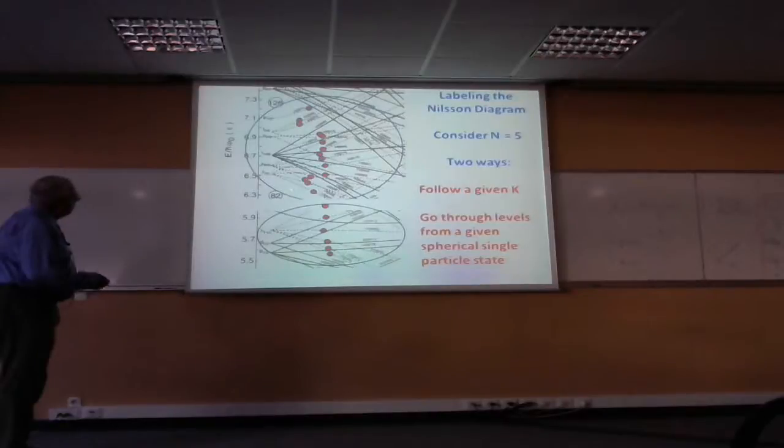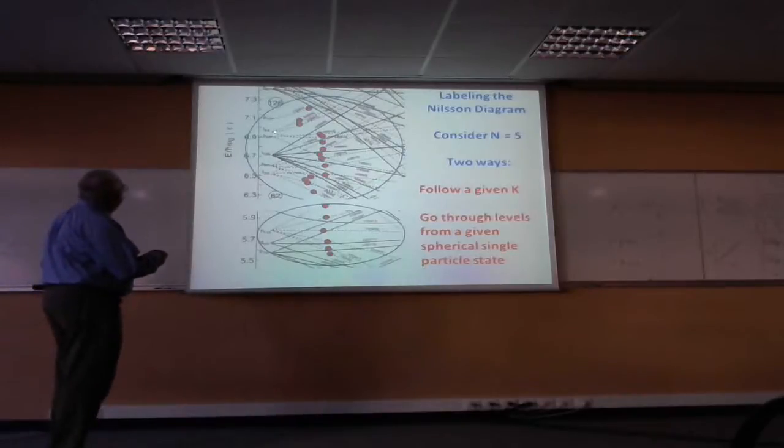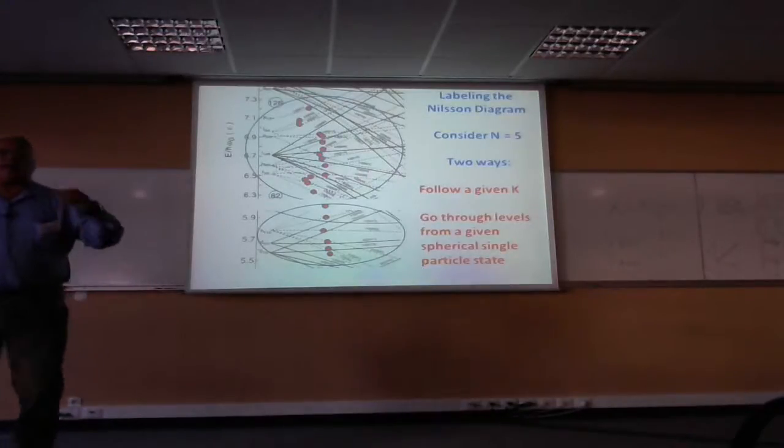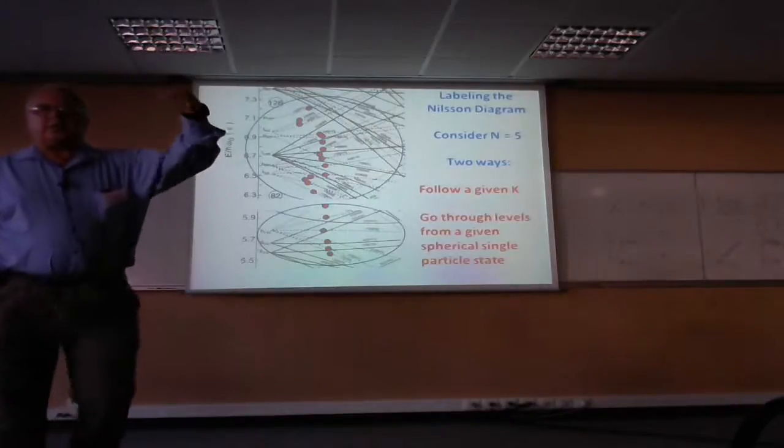The next will be 1/2, 5, 4, 1, then 1/2, 5, 3, 0, then 1/2, 5, 2, 1, then 1/2, 5, 1, 0, and the last one will be 1/2, 5, 0, 1. So maybe that's easier: you take a given k and just sequentially reduce n sub z.